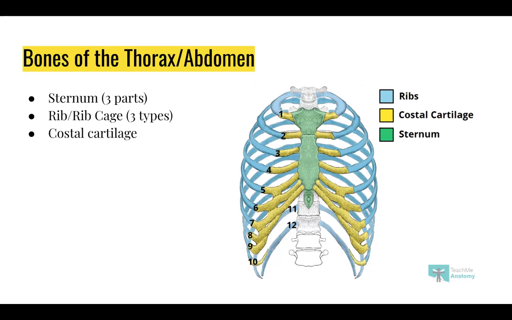For those parts, they help to surround the back of the rib cage and help to hold it. And for the ribs in the rib cage, there are 3 types of ribs, classified into true ribs, false ribs, and floating ribs.